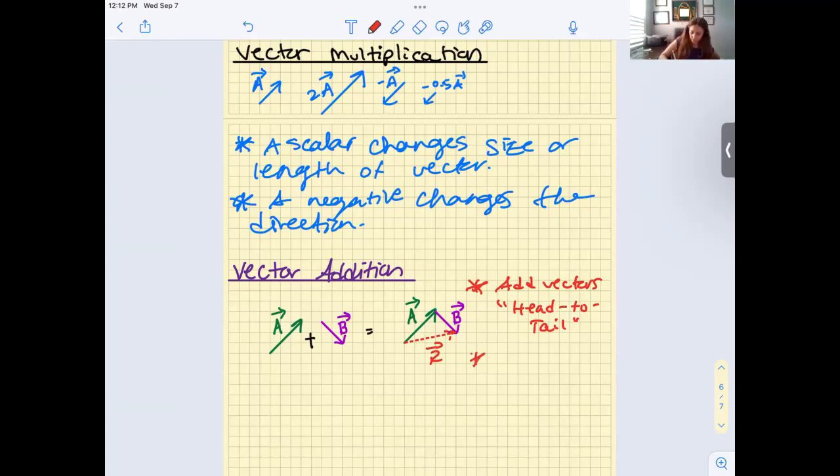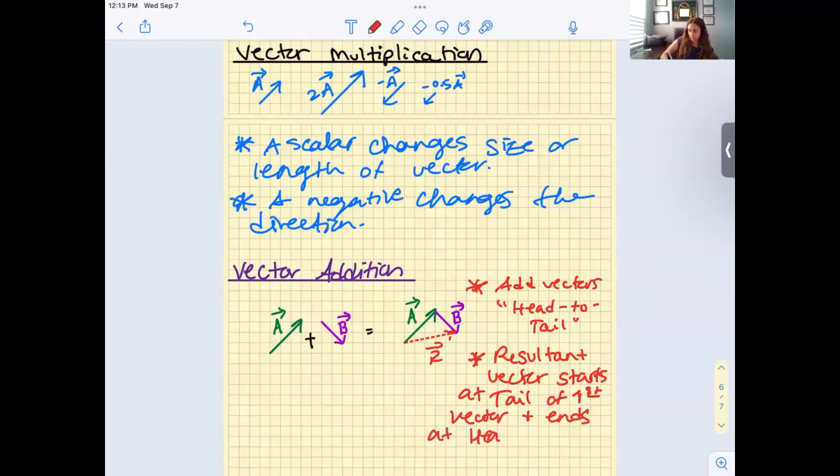The resultant vector starts at the tail of A, so the tail of your first vector, and ends at the head of B, the last vector.